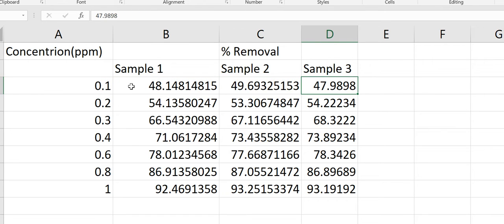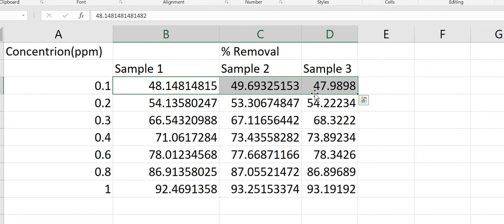For taking the average, you need to sum all these values of each sample for 0.1 concentration. Then you divide the sum of these values by their total number. Here we are taking 3 samples, so we will divide the sum of these values by 3.